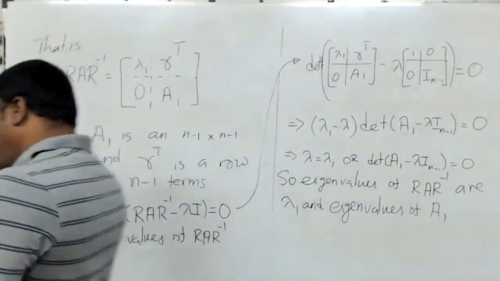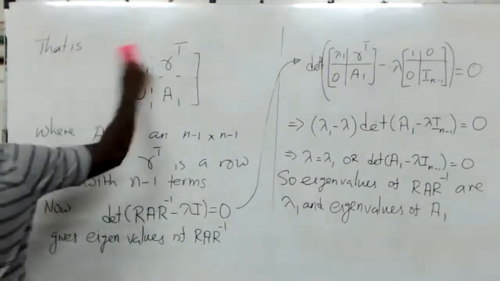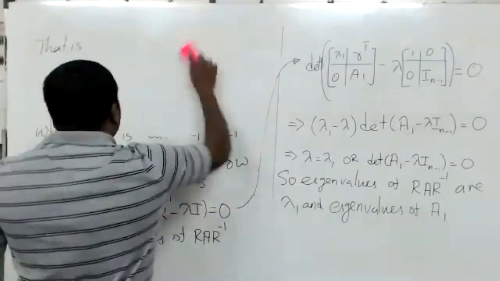From this, the eigenvalues of R A R inverse are basically lambda 1 and the eigenvalues of A1. So lambda 1 is one of those eigenvalues, and the others are the eigenvalues of A1. What's left is to show that the eigenvalues of R A R inverse are lambda 1, lambda 2, up to lambda n. That is what you want to show.